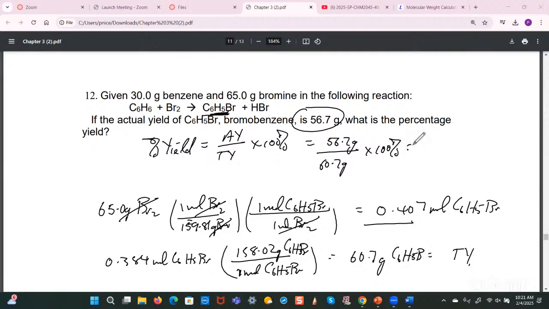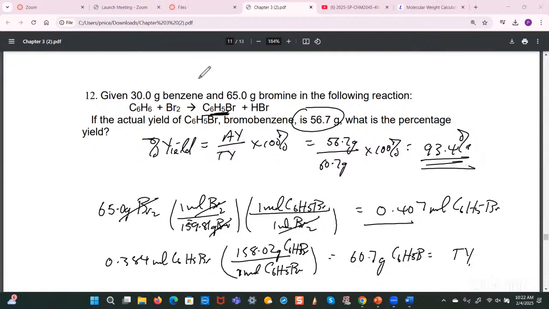So 56.7 divided by 60.7 times 100, rounded to 3 figs, becomes 93.4%. And that's how that is done. All right? Any questions about this one? Any questions?